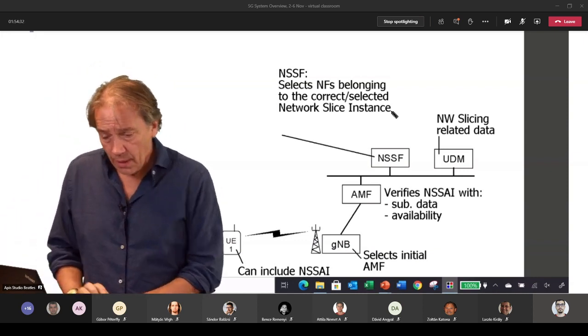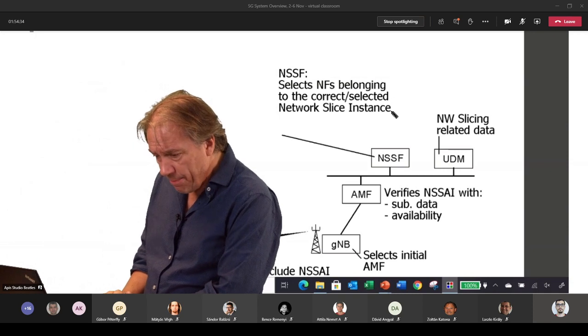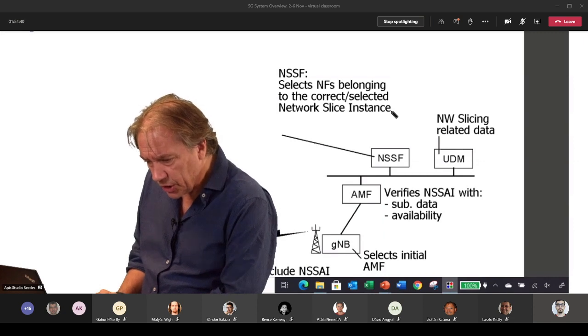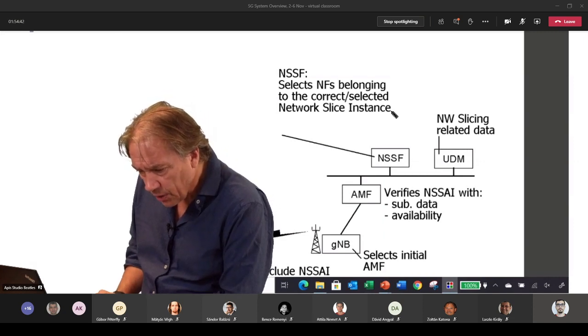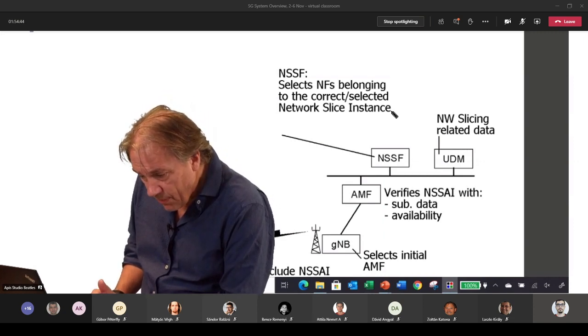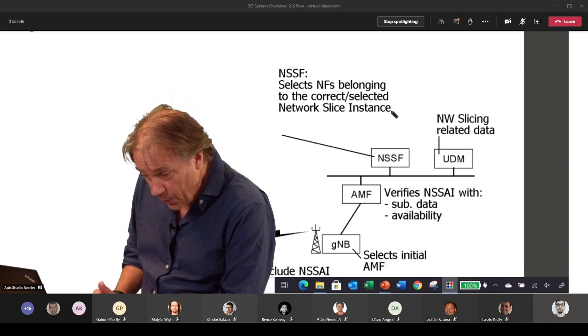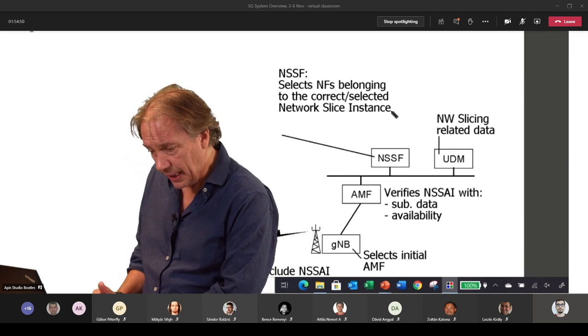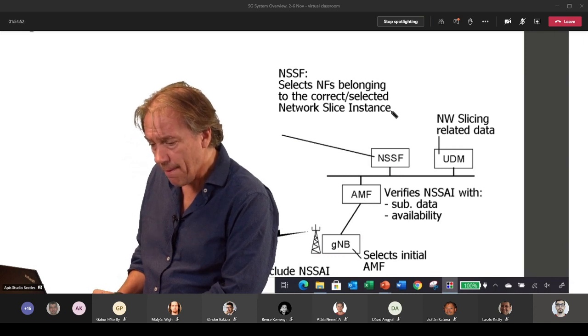Oh, a question. Can the NSI, can the network slice instance be established dynamically based on the SST and SD requested by the user equipment? That's an interesting question.